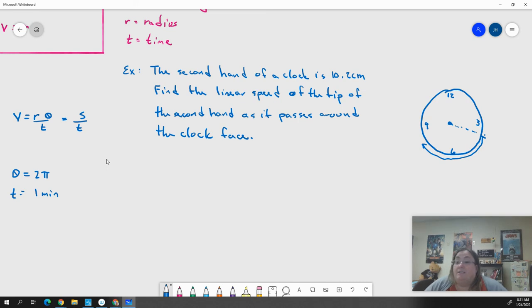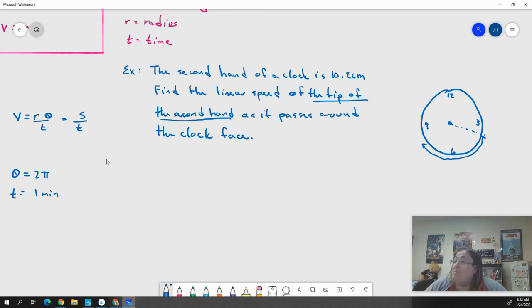What is our radius? Well, think about this. What are we measuring? It says, find the linear speed of the tip of the second hand.